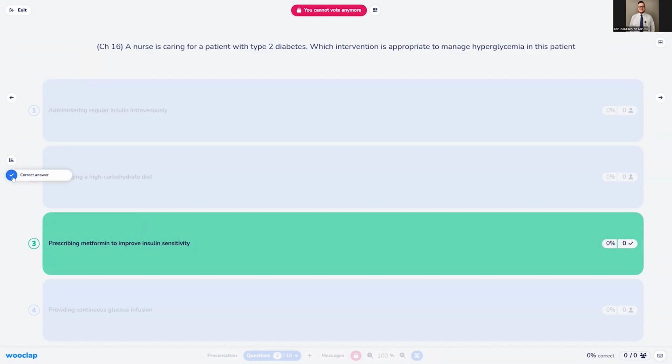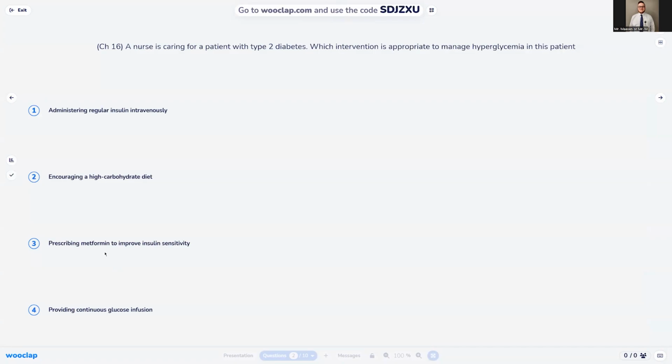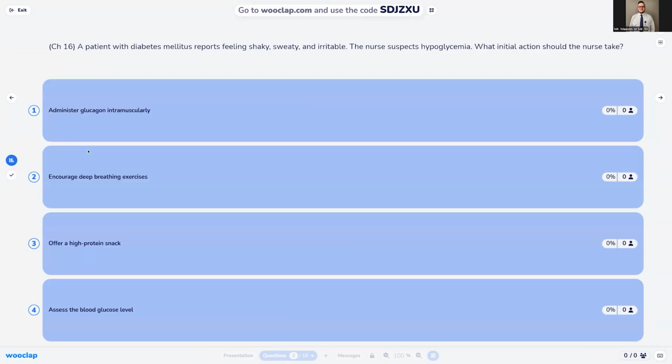You've probably heard of metformin before. An oral anti-diabetic medication is always the best treatment option to start with for type 2, to improve insulin sensitivity rather than jumping straight to insulin therapy. We would never encourage high carbs. We encourage low carbs, and we wouldn't give them glucose. So those don't make sense.